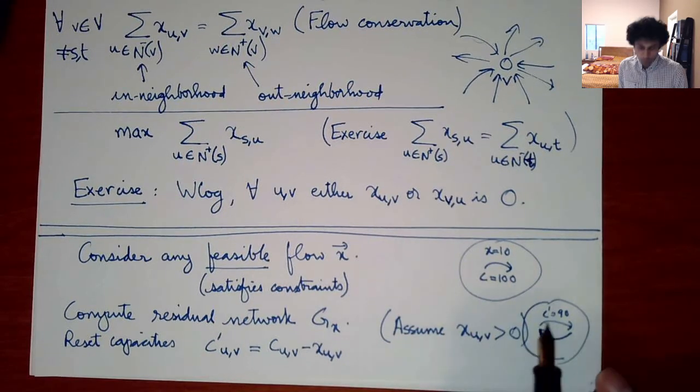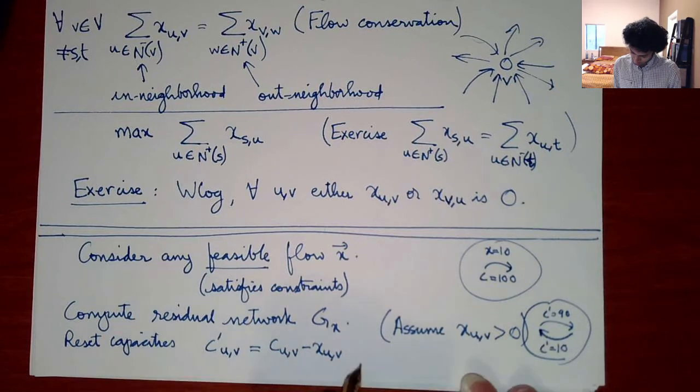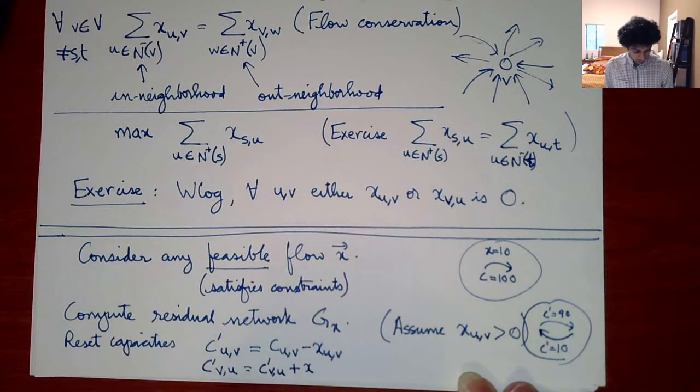Because we've already put 10 units of flow, we are actually going to allow the capacity here to be 10. So what we do specifically is C prime of VU is whatever the original capacity was plus X UV. X UV is the same, but here it's VU.